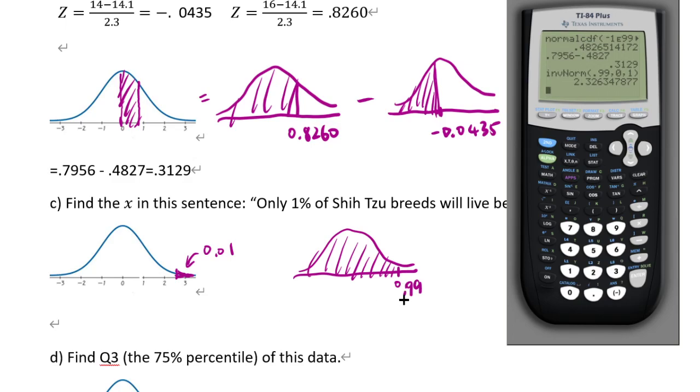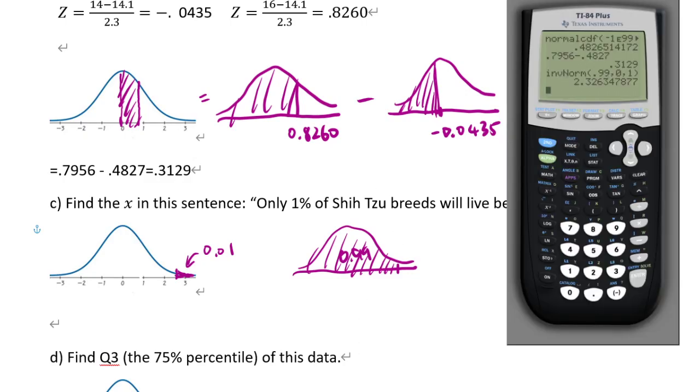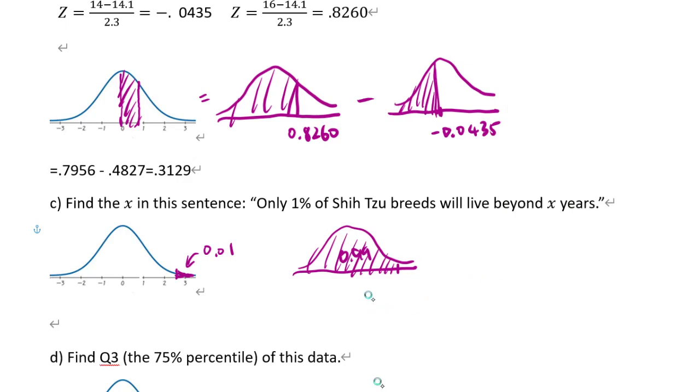So, sorry, I really meant that this 0.99 is the area. So let me raise this portion and write 0.99 here. And we've just found that the value of the x coordinate is 2.326.